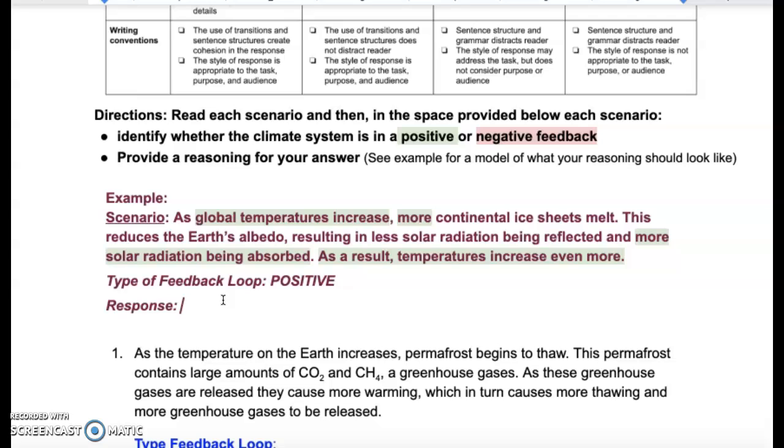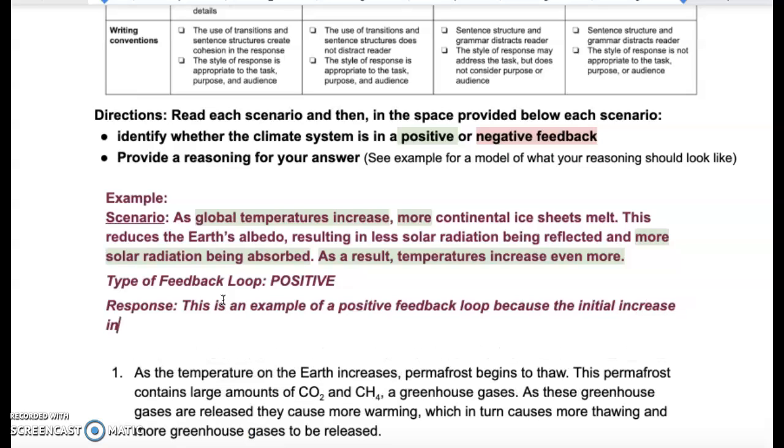My response, I'm going to say this is an example of a positive feedback loop because the initial, the original increase in global temperatures. Let's see, what transition can I say?